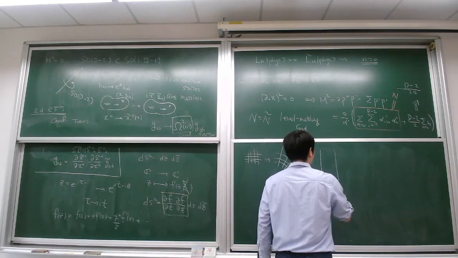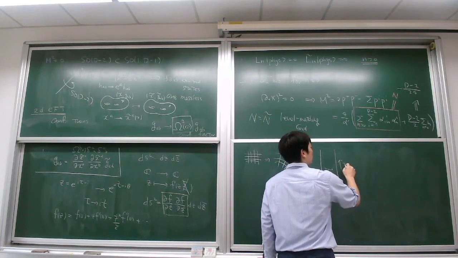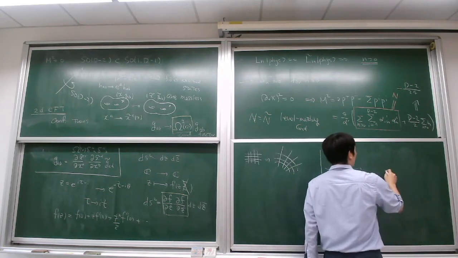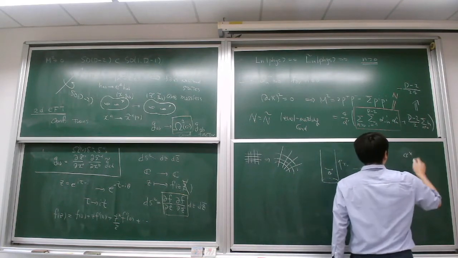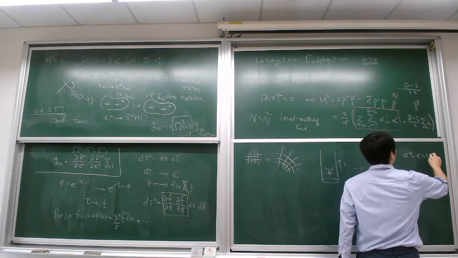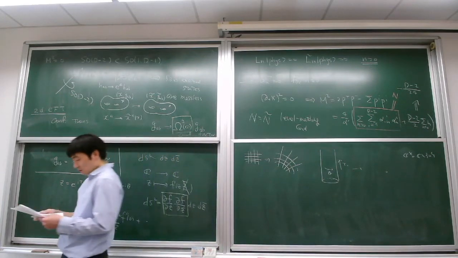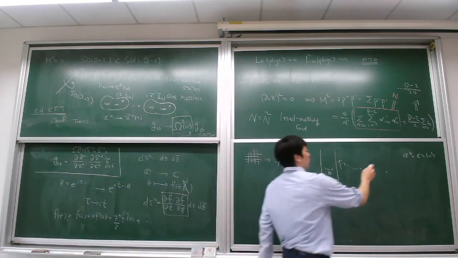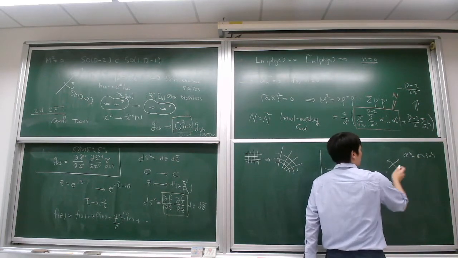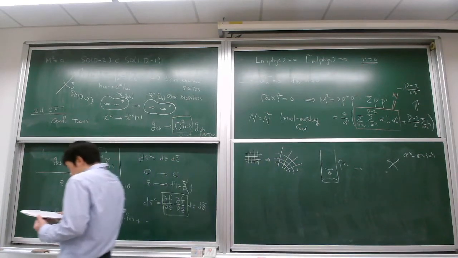You have a cylinder, with this direction theta and this direction tau, and then map it to C star, where C star is C minus the origin. That's a conformal transformation. Here is the radial direction. This is essentially the tau direction, and this is the theta direction. So the radial direction is essentially tau.